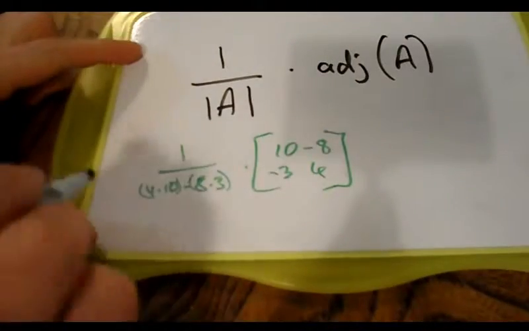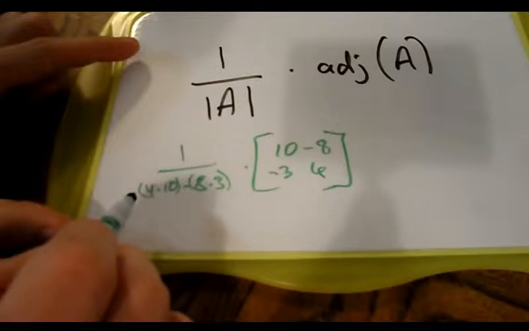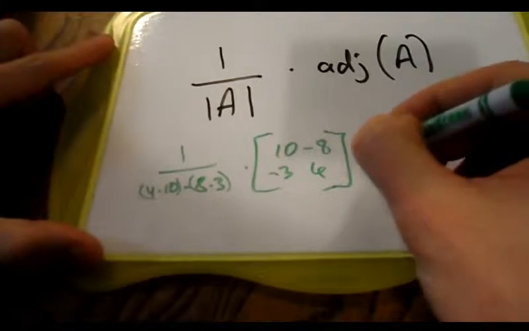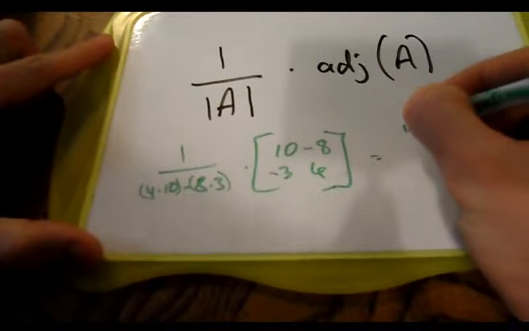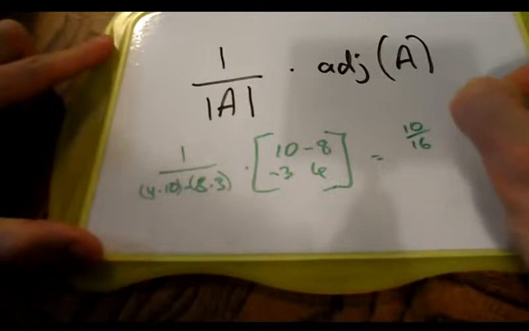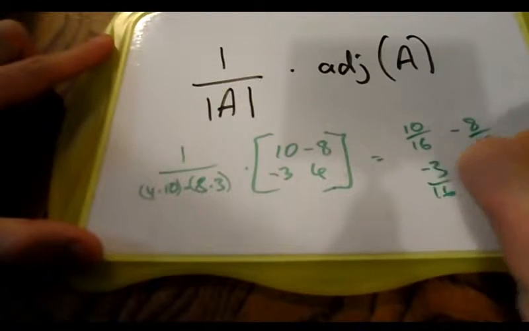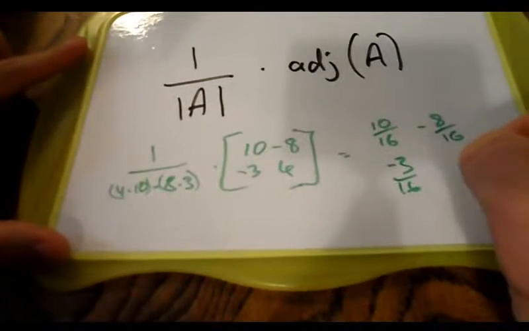So this works out to be 1 over 16, which would give us 10/16, minus 8/16, minus 3/16, 4/16. I said I wasn't going to do maths, but I lied.